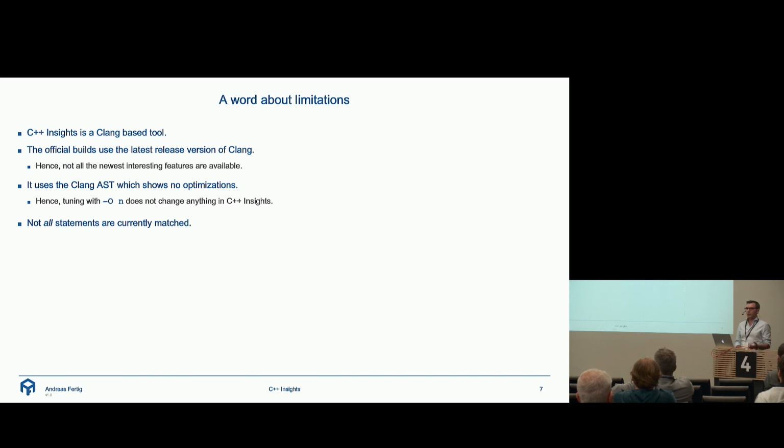So it doesn't make a difference whether you're passing -O0 or -O3 to the program, because most of these optimizations happen afterwards. You will, however, see simple things, or in some cases, a constant expression evaluation, if it's possible at an early stage. Other simple, trivial things like building the sum of 3 plus 4 is something the front end does while walking through the code, basically. So these are the things.